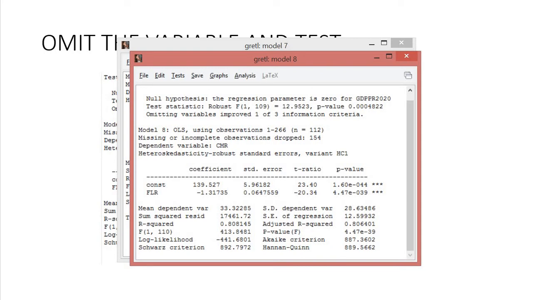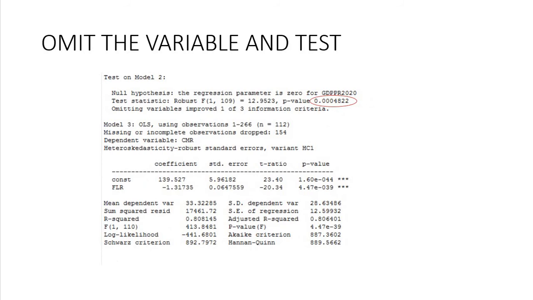So, for this test, the null hypothesis says that the regression parameter for GDP per capita in 2000 is equal to 0. Because the p-value of the test is smaller than 0.05, we can reject the null hypothesis.